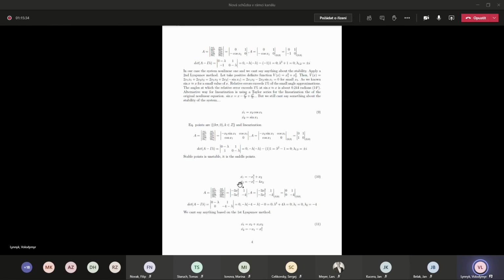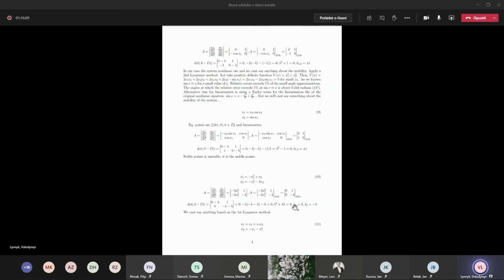Okay. The next example: x1 dot equal to minus x1 cubed plus x2, x2 dot equal to minus x1 cubed minus 4x2, and we calculate the Jacobian. This is [minus 3x1 squared, 1; minus 3x1 squared, minus 4].